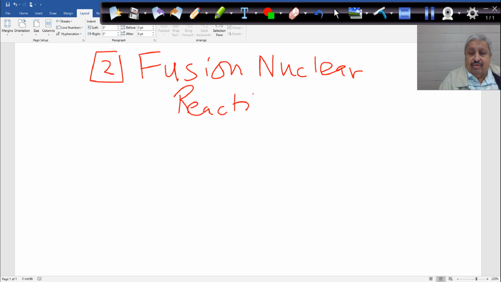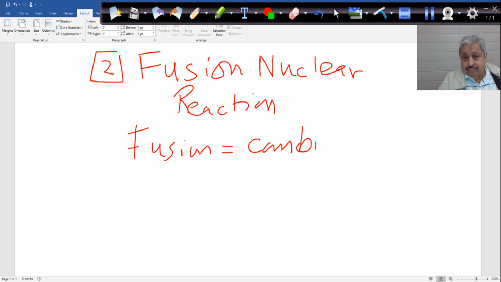Whenever you are fusing, combining, correct? Fusion means combination. When you are combining nuclei together, you are producing one nucleus, which is very large.